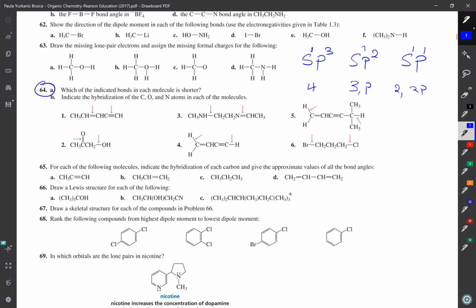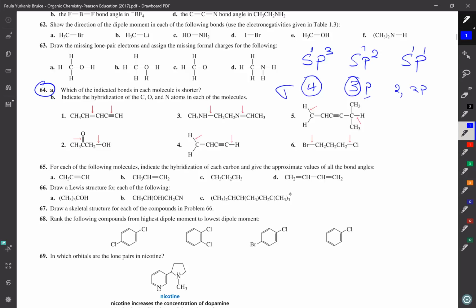Now, in terms of carbons, a carbon atom that is sp3 hybridized will be surrounded by 4 single bonds, in other words, 4 sigma bonds. A carbon atom that is sp2 hybridized will be surrounded by 3 sigma bonds and 1 pi bond.